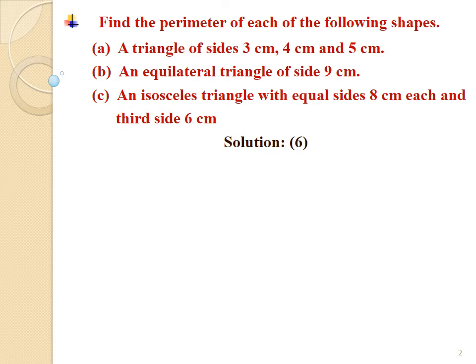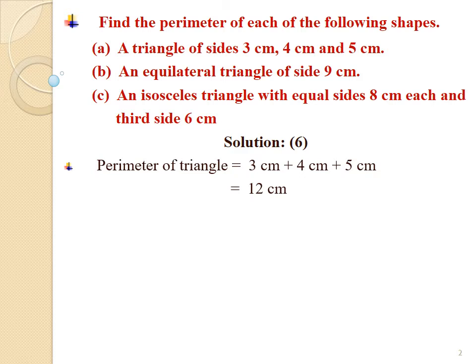So now, let us solve sum number 6 and find out the perimeter of scalene, equilateral and isosceles triangles. Sum A. Perimeter of scalene triangle or irregular triangle equals 3 centimeters plus 4 centimeters plus 5 centimeters equals 12 centimeters.